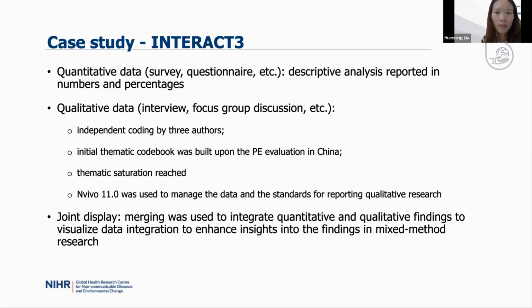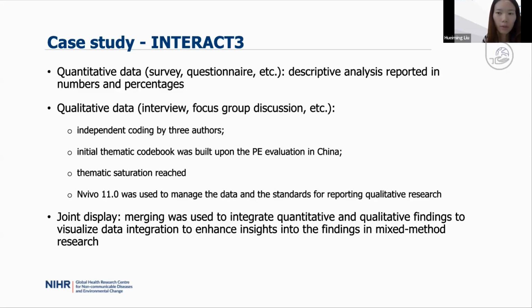In the last session, I introduced that we collected both quantitative and qualitative data, which include survey questionnaires, interviews, and focus group discussions. For the quantitative data, we collected across the whole study life cycle. We collected a survey and questionnaire at the baseline and also at the end of the study.